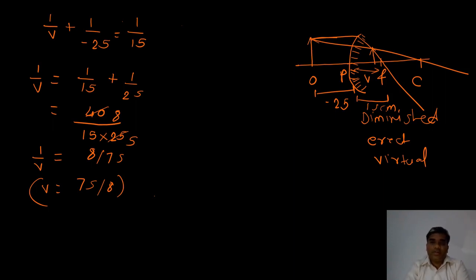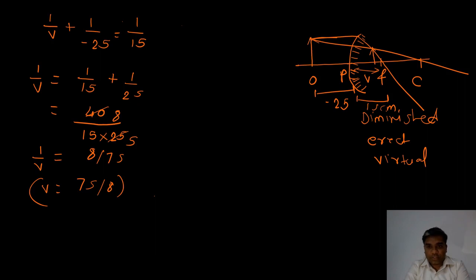You can see here the image is formed. This is the focus of the mirror, this is the object position for the mirror, this is the optical pole, and here the center of curvature of the mirror is located. Two rays are passing: one is parallel to the principal axis and then passes through the focus, and another passes through the center of curvature, which is not deviating.